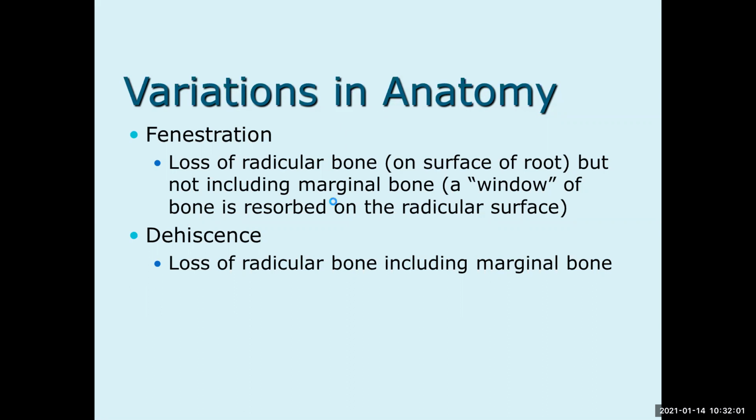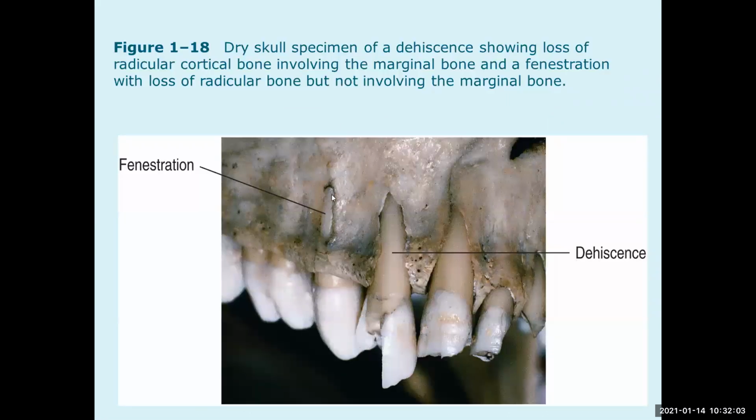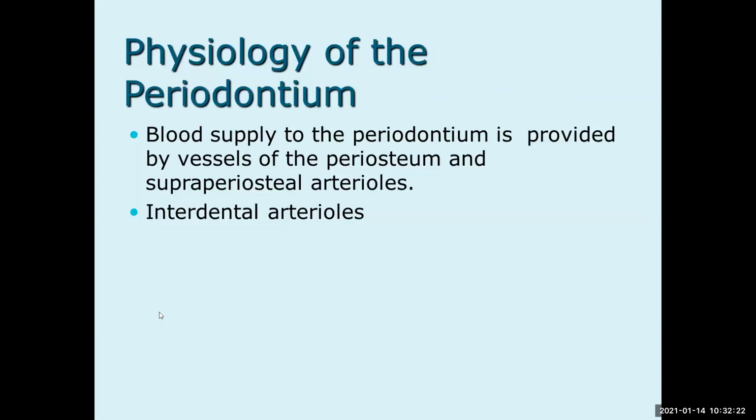This is the fenestration because it still has the bone here, versus a dehiscence. This was on the board review. Fenestration, window. Dehiscence, it's missing the marginal bone.